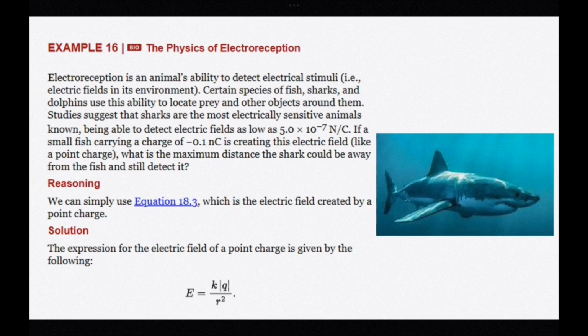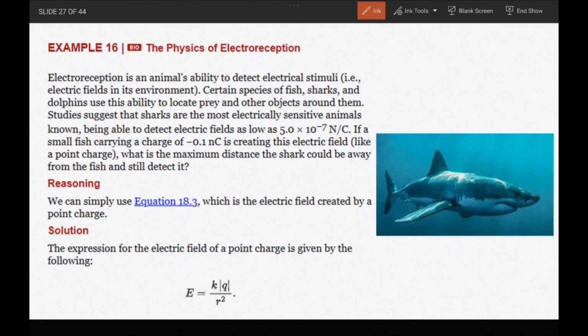The formula we're going to use here is E is equal to K multiplied by test charge over R squared. However, the problem here is we're going to determine the distance, the maximum distance the shark could be away from the fish and still detect it. So, we notice here that the distance is what we are asked to find.